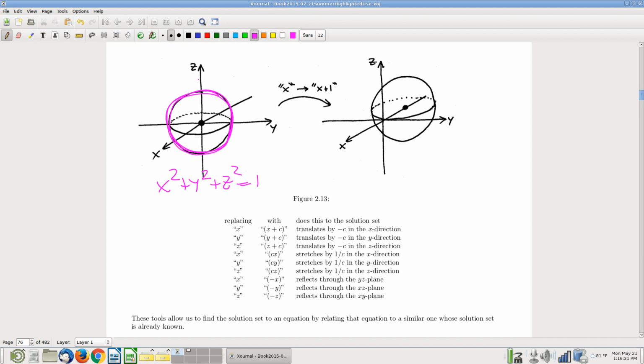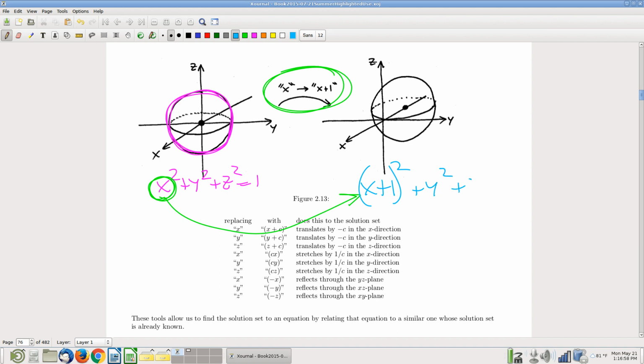You can also think about this as points whose distance to the origin is 1. So that's easy to write down. You get this formula. What would happen if I were to replace every x that I saw in this equation with x plus 1? Well, it's now x plus 1 squared plus y squared plus z squared is equal to 1.